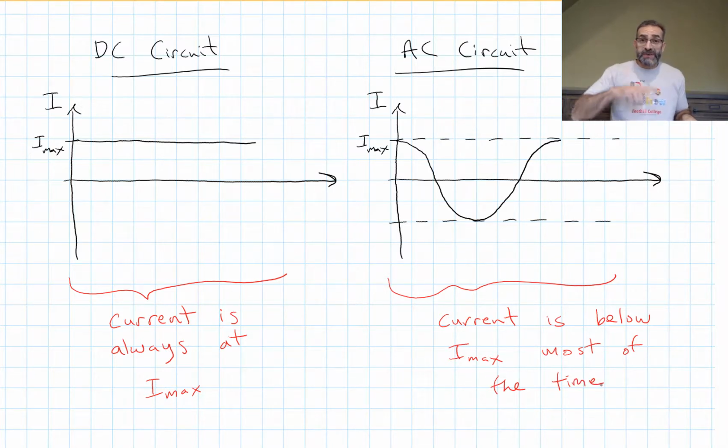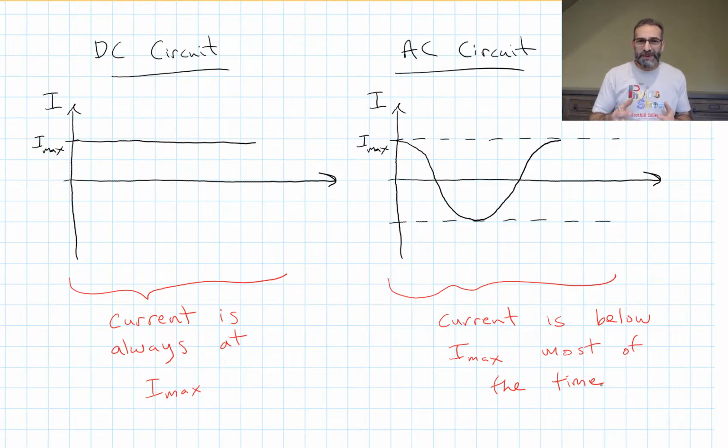Because it's always changing, we want to come up with a term, sort of like an average value that we can use when we're talking about current in a circuit, or voltage applied to a circuit, or power dissipated in an AC circuit.